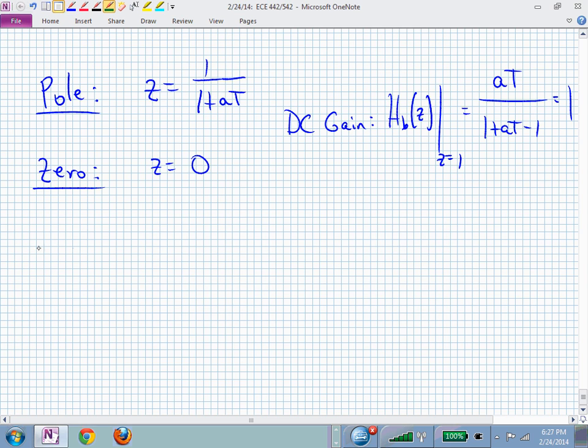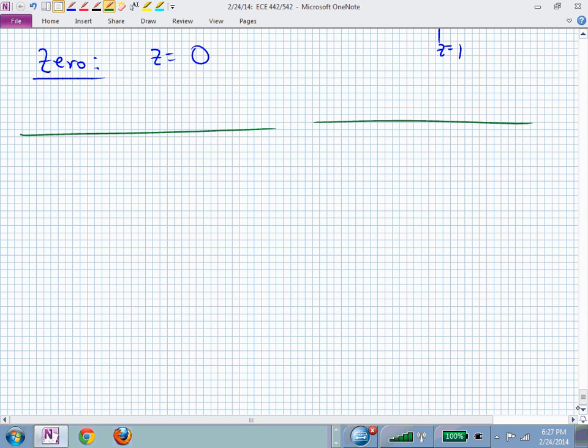Let's look at one more. And this is just because I like to say it. Let's look at the trapezoid rule. Maybe somebody's saying, I don't like that flat top. Right?